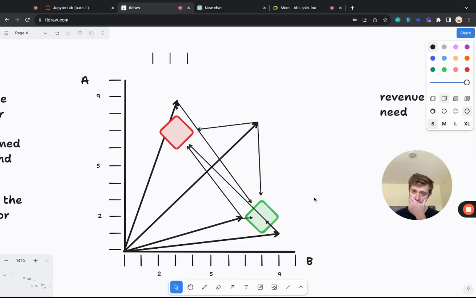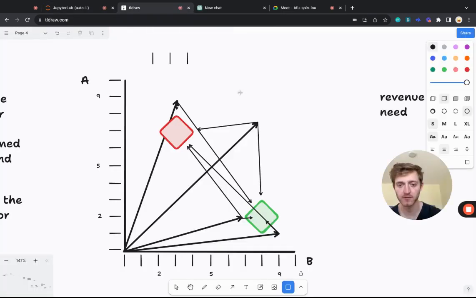Oof. Actually, it's bad, but it's a start because we now need to do prices. So from customer A, we never labeled these.